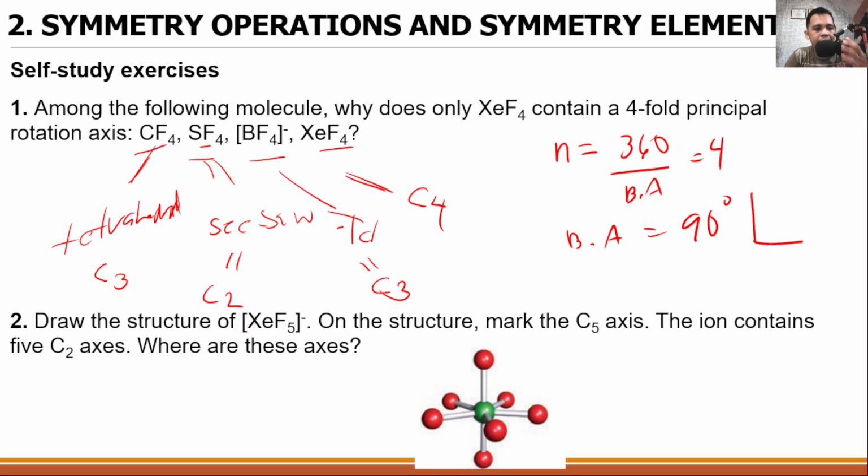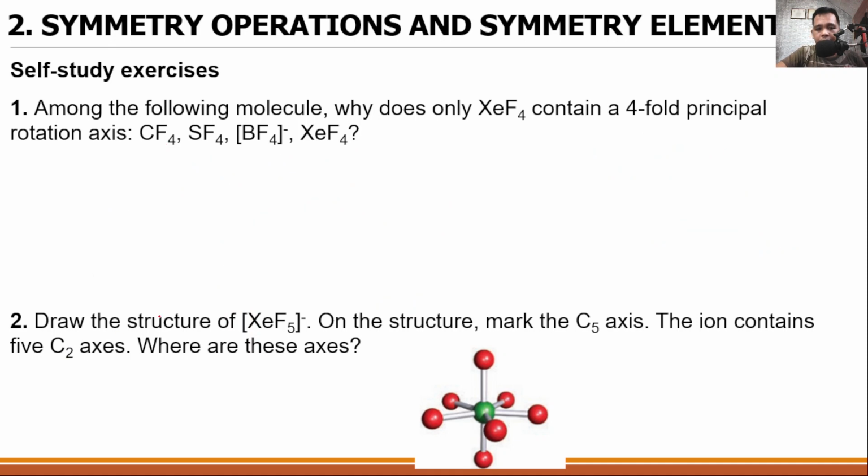Now, for our number 2 problem, it states here to draw the structure of XeF5. Here, we can see that there's an extension to the VSEPR theory where the existence of a xenon pentafluoride exists.